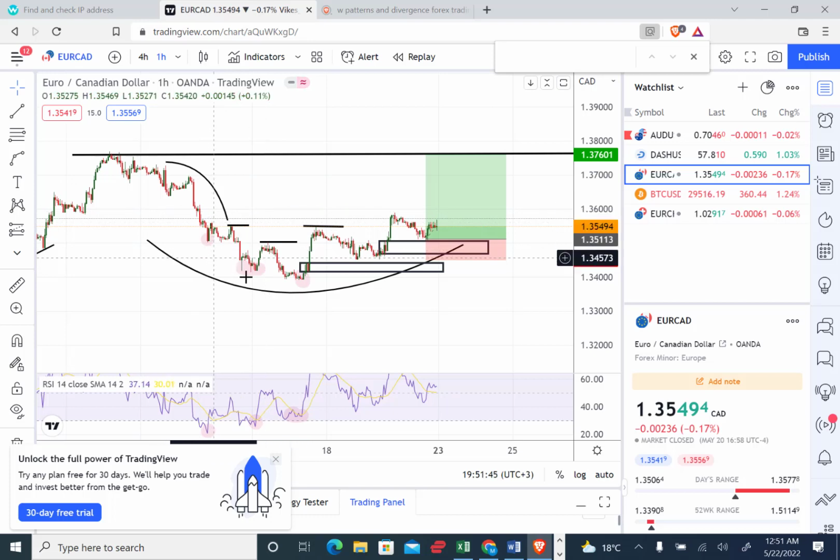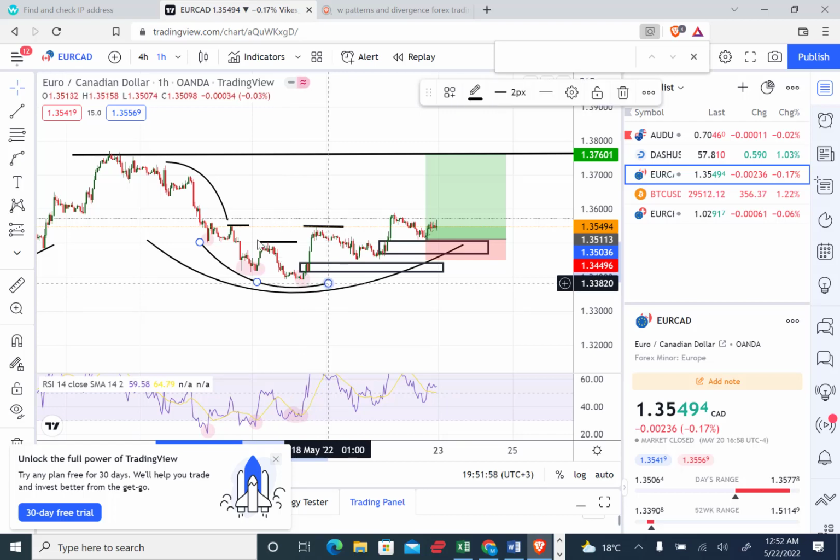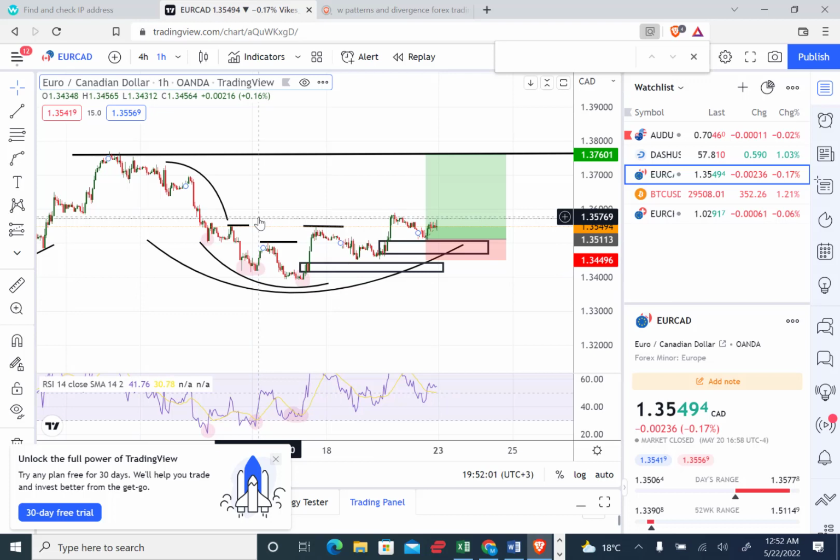But then when reversals kind of start showing up, you see how the momentum reduces. Do you see how the momentum reduces? These are signs that momentum is reducing for bears in this case, or for bulls in the opposite case.